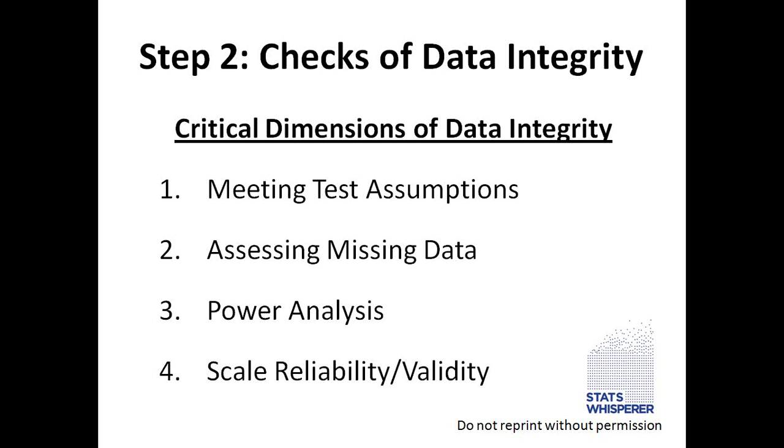But that's not going to happen to us, because we're going to go through each step. Now, the other part we need to discuss to review data integrity is that we need to also assess missing data. This will be not tonight, but later on. If there's missing data, especially if it's missing in a pattern, like say males or females are less likely to provide data, and there's an underrepresentation of gender or some other variable, that's a real threat to data integrity.